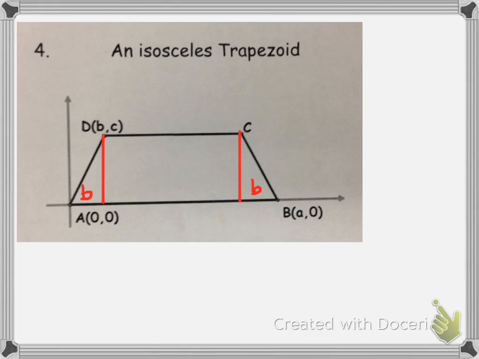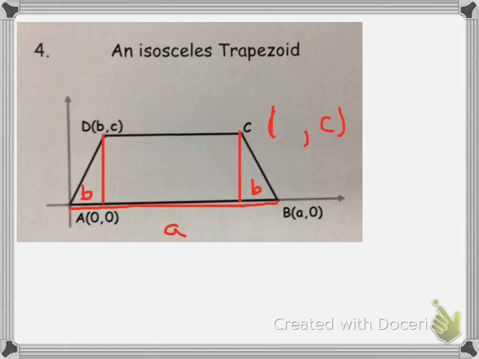Okay, so we know that to get to the C coordinate, the y is going to be C, because it goes up the same amount. Okay, but the entire distance from here to here is A, right? Okay, so from here to here it's A, but we actually only want to get to there.